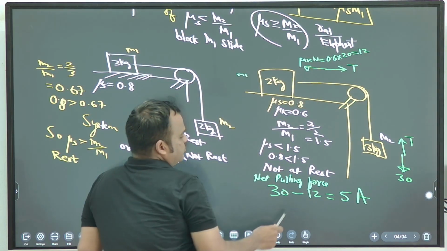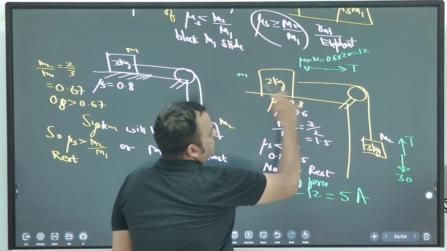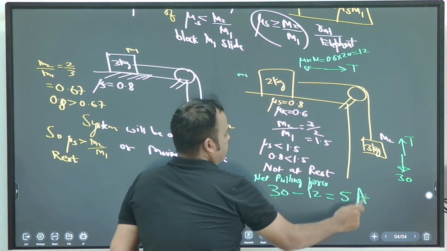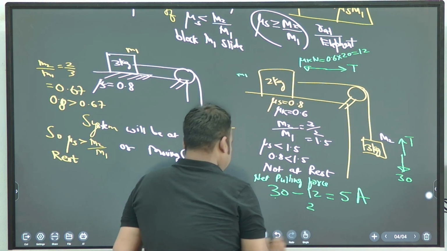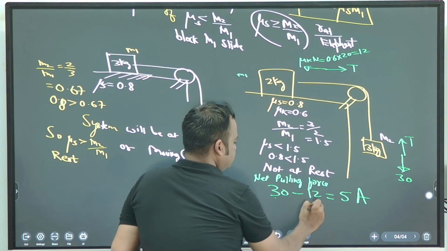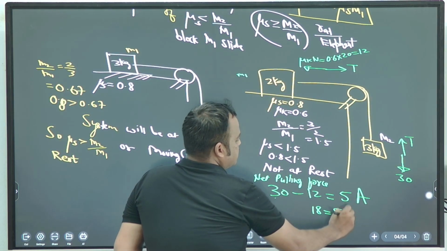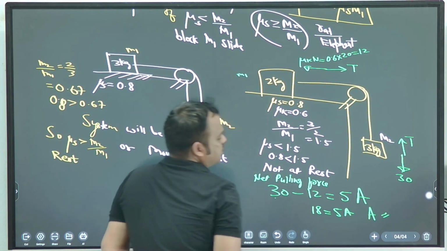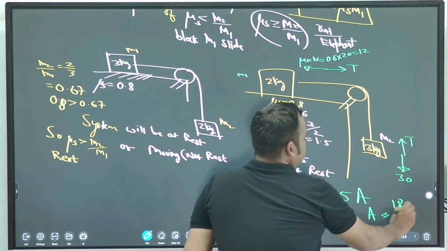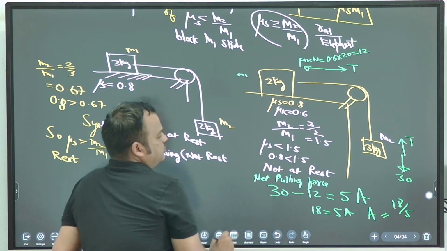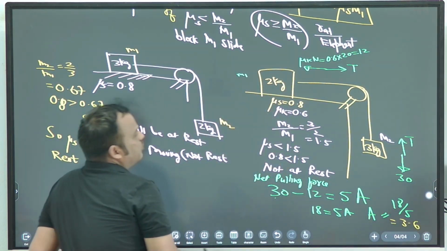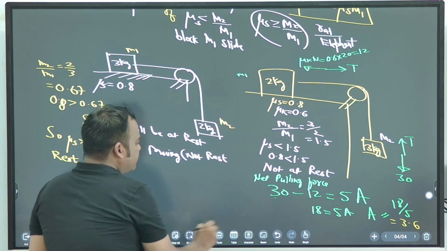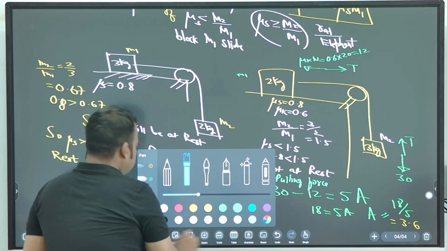So 30 minus 12 is equal to total mass into acceleration. So 18 is equal to 5a. So acceleration is 18 by 5. How much? 3.6.